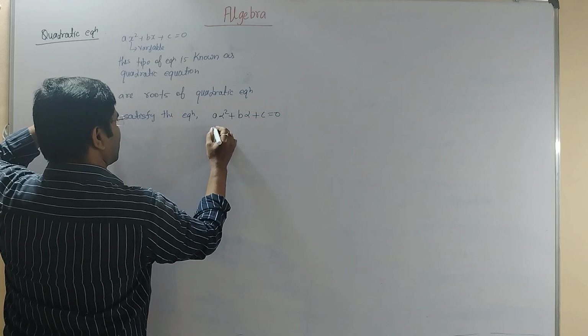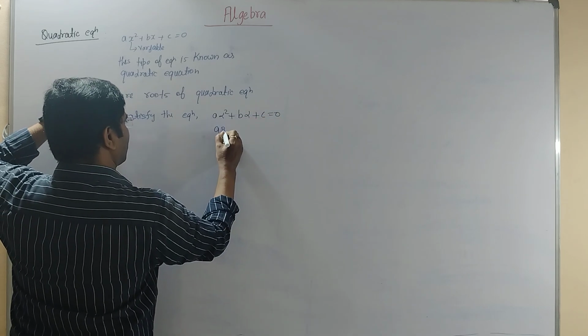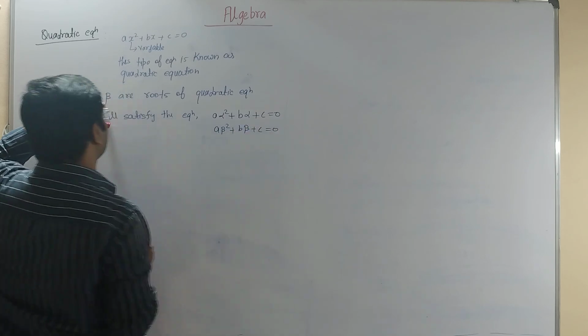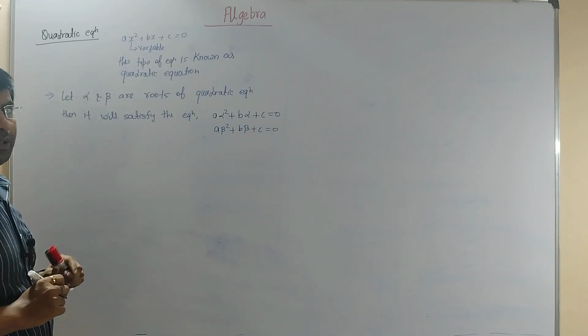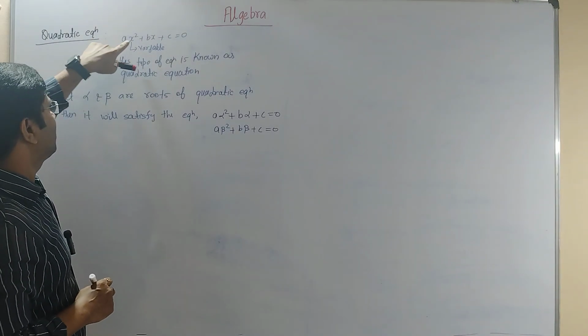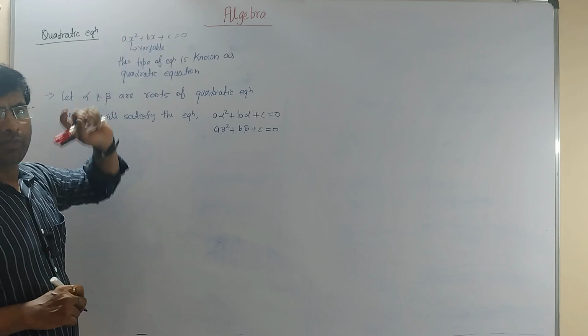If you put beta, then it will also be a beta square plus b beta plus c equal to 0. So roots means they satisfy the equation.